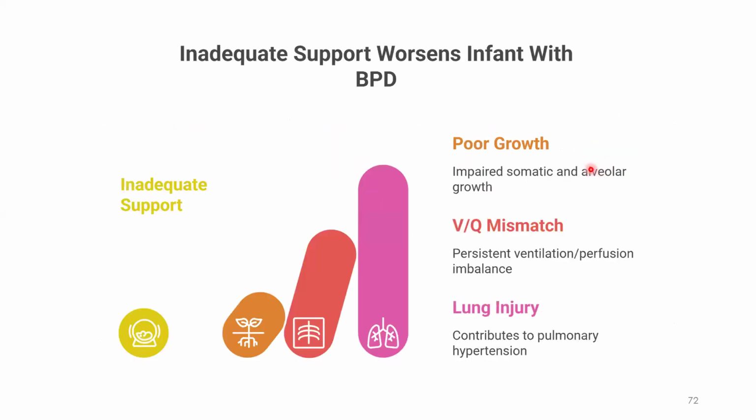But the problem is that if we provide inadequate support to a baby with BPD, even in the evolving or early phase, that may lead to impaired growth, somatic, alveolar, as well as pulmonary vascular. So there will be VQ mismatch that contributes to pulmonary hypertension. So providing adequate support to the baby with BPD is very important.